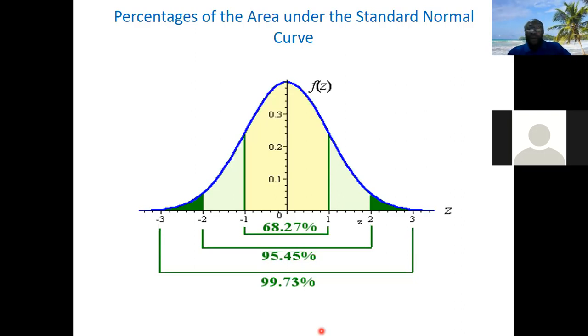Even a variable that did not follow a normal distribution, whether you summarize the mean or the proportion, if the sample size increases, the sampling distribution will follow a normal distribution. That is what the central limit theorem says.